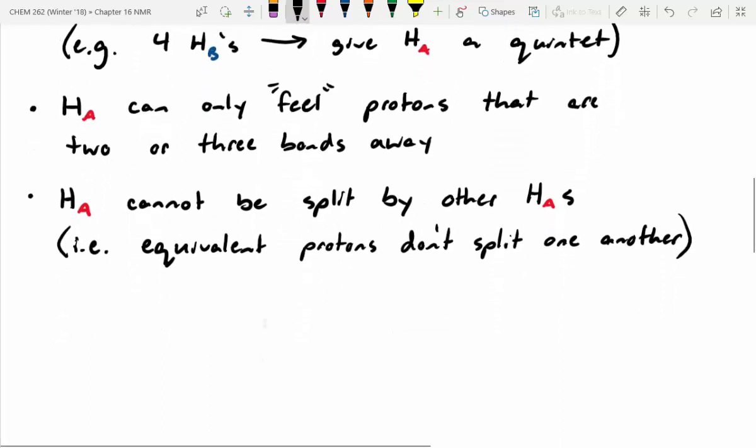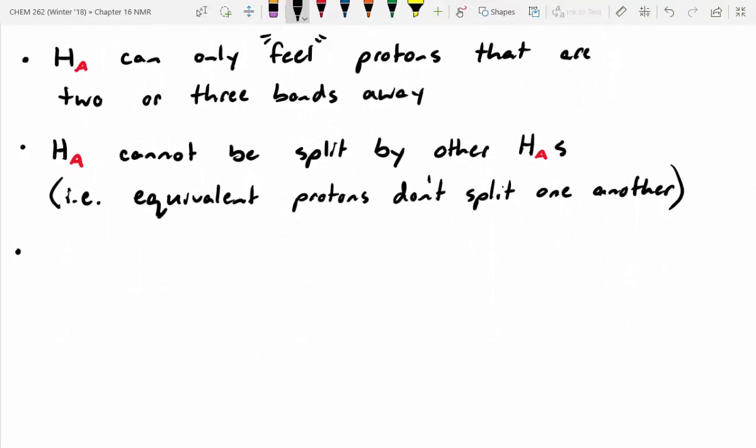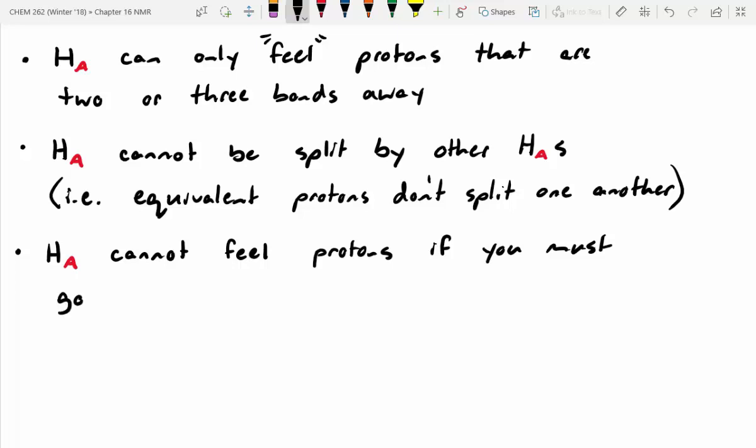All right, last but not least, we've got one more rule I want to slide in. HA cannot feel protons if you must go through a non-carbon atom to find a neighbor.